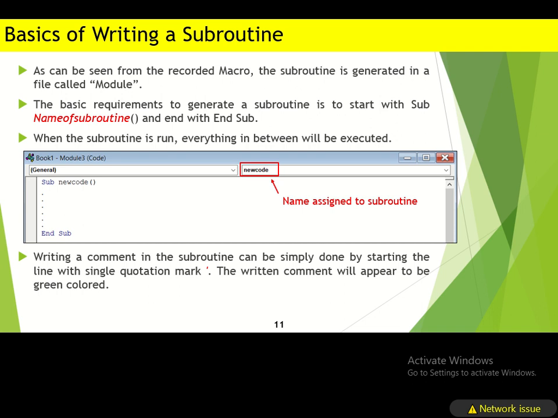You can see in the program here: the start line is Sub Macro1 with brackets, and the end line is End Sub. When you start a subroutine, give the name and press enter, the end line appears automatically. Got it? Clear?